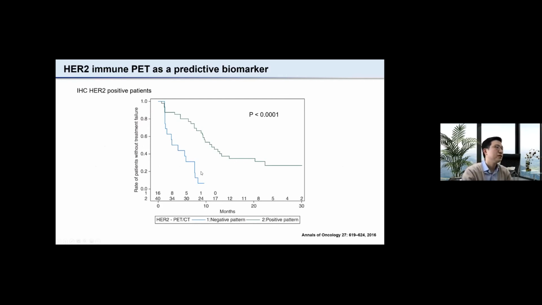So even though the IHC result was positive for HER2, many of them will not gain benefit from HER2 targeted therapy because of the limitation of biopsy-based HER2 evaluation.